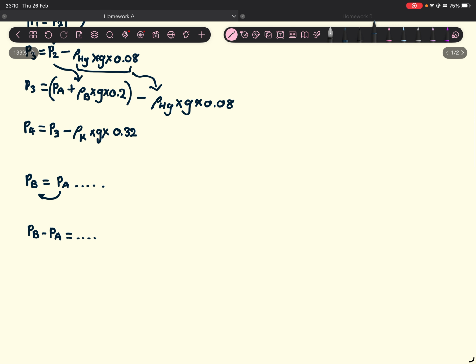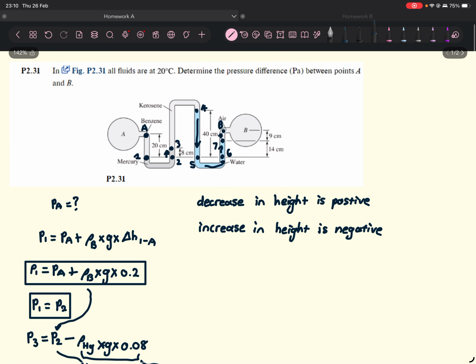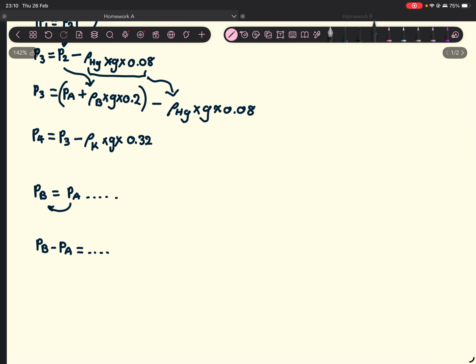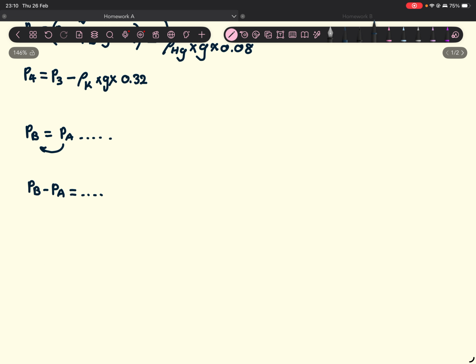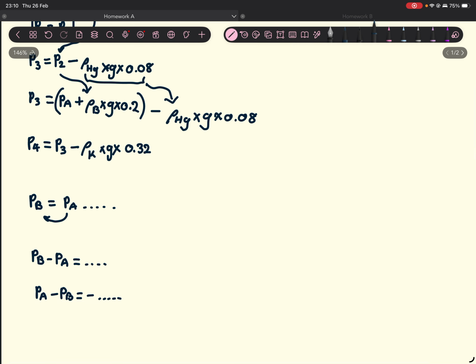Cool. Then the question asks for the difference between points A and B. So this is the difference between B and A. So we want A in front, or we want A to be positive, so we're just going to multiply by a negative. So we're going to get PA minus PB is equal to negative something something something. Okay. I hope that kind of makes sense.